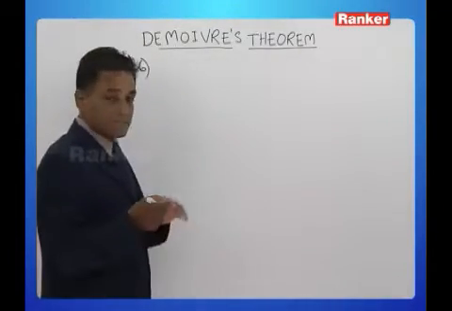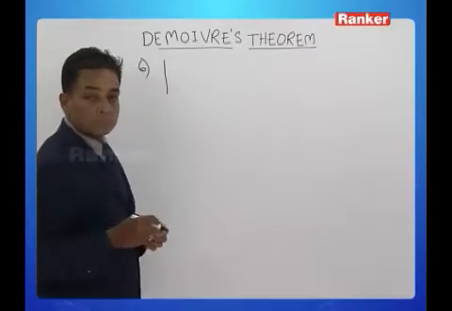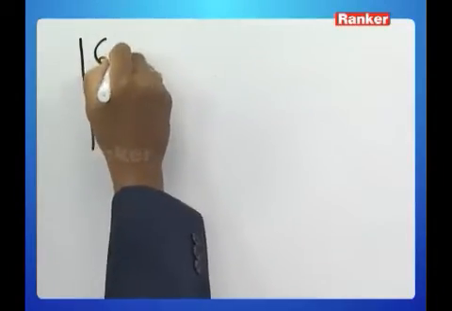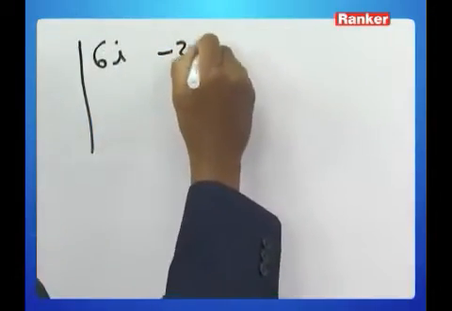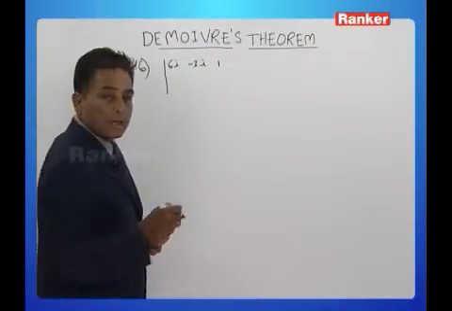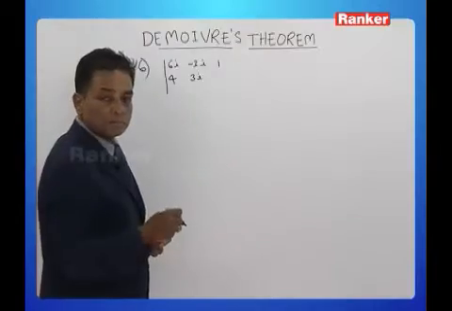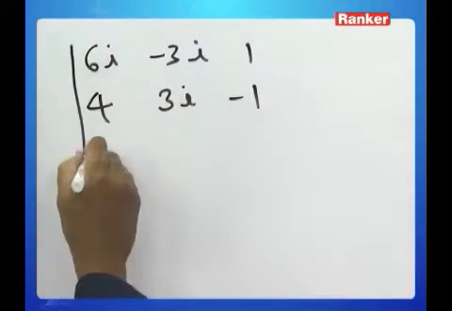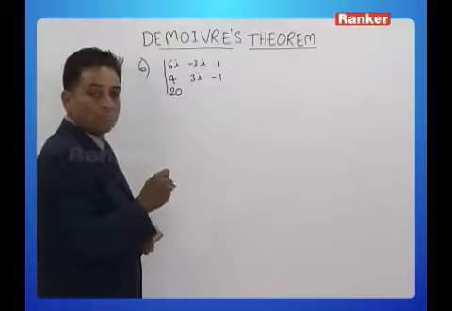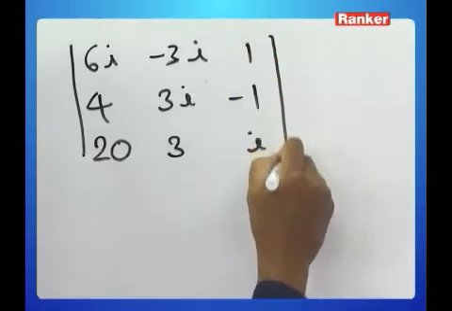Question number 6. 6i, minus 3i, 1 and 4, 3i minus 1 and 20, 3i. Right?